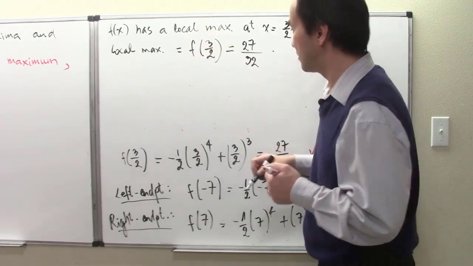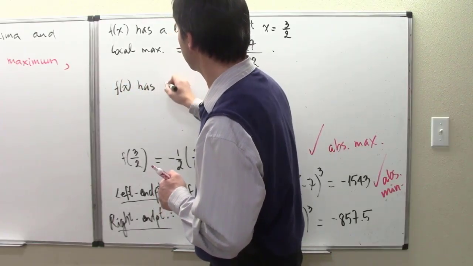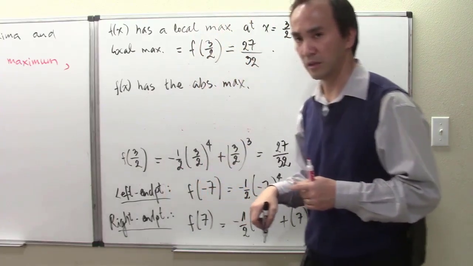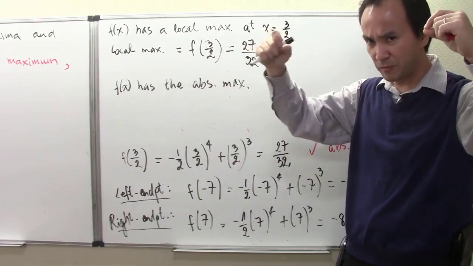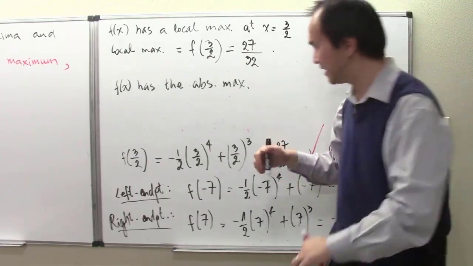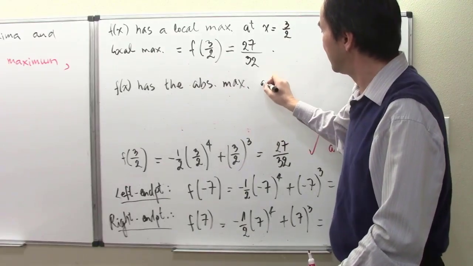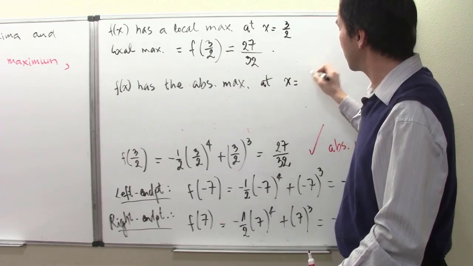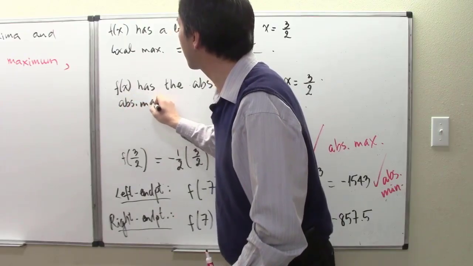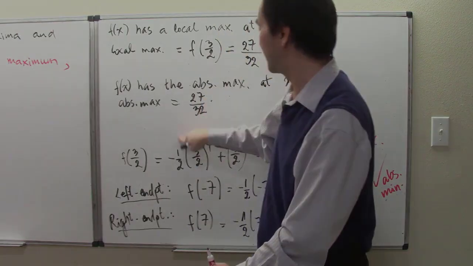That was about the local maximum, and now we can also say that f of x has the absolute max. Because a lot of times there could also be multiple absolute maxes because the function may hit that height twice. But here we have only one, so I'm just saying it has the absolute max. That is found at x equals also 3/2, and the absolute maximum value equals simply 27/32, okay?